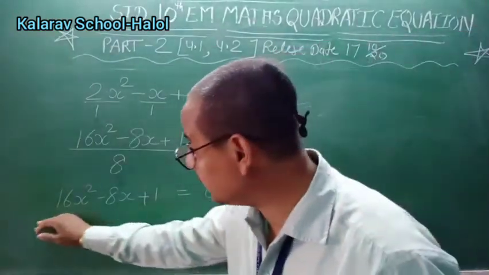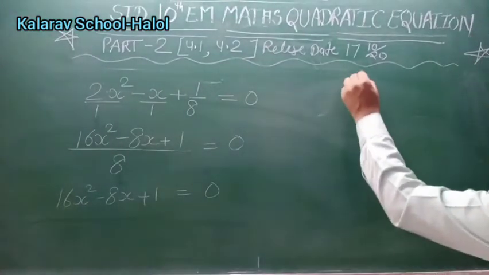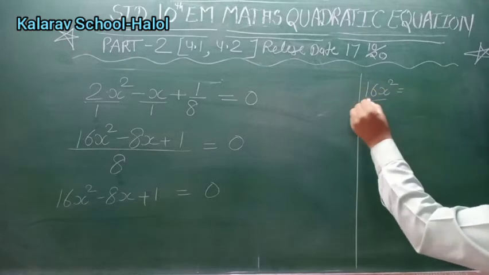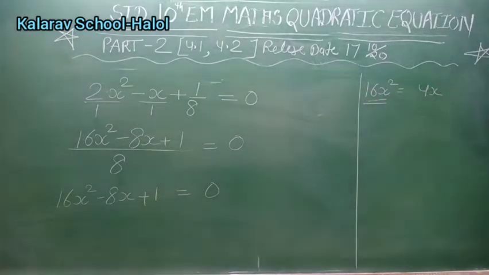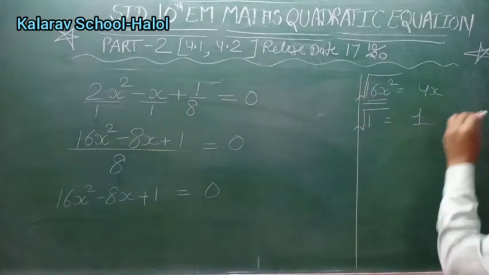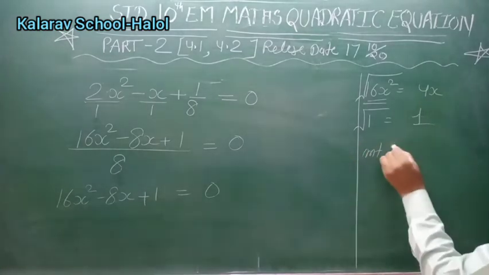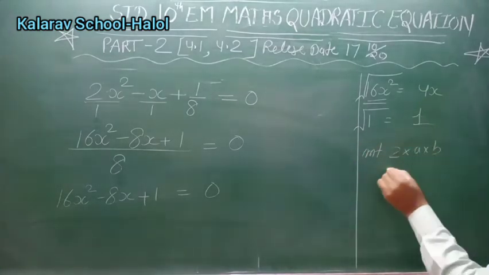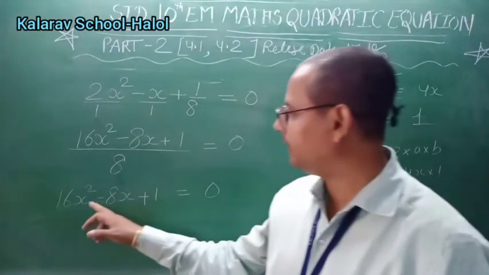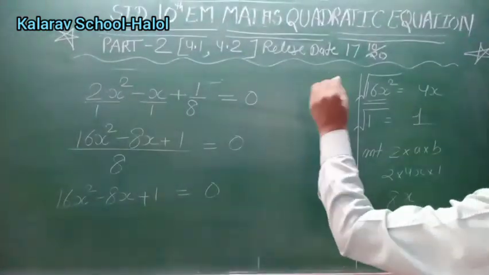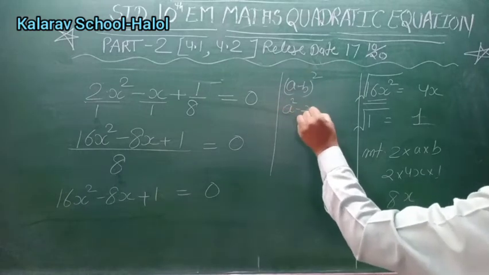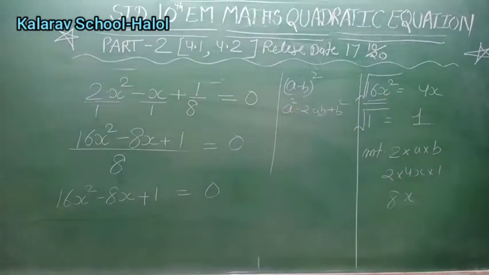अब इसकी पैटर्न को जरा ध्यान से देखो, 16x स्क्वायर का परफेक्ट स्क्वायर है, 4x आएगा इसका स्क्वायर रूट, 1 का स्क्वायर रूट 1 आएगा, मिडल टर्म जो है 2 इंटू a इंटू b होता है ना, तो 2 इंटू 4x इंटू 1, 8x आ रहा है, और देखो ये माइनस है ये प्लस है, यानी कि ये जो पैटर्न है ये किस पैटर्न में आ रही है, a माइनस b के होल स्क्वायर में, यानी a स्क्वायर minus 2ab plus b स्क्वायर, ये याद है ना.